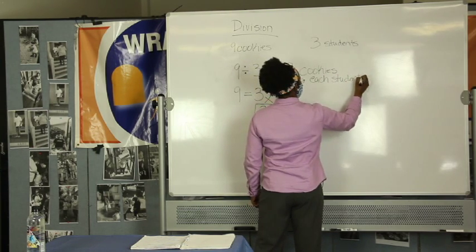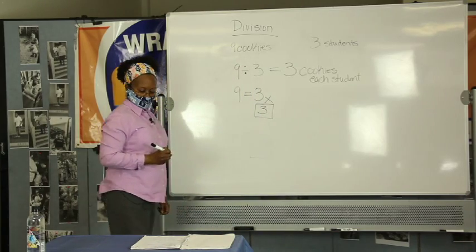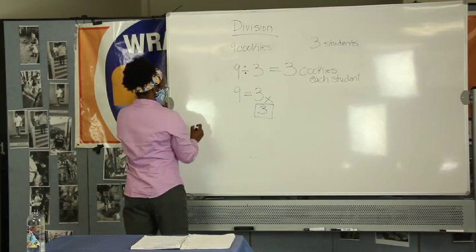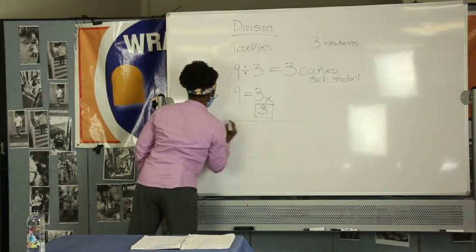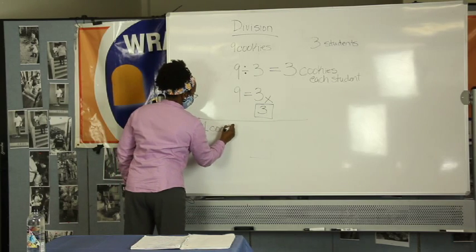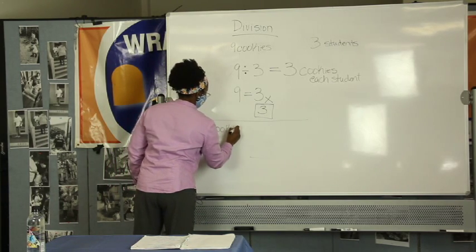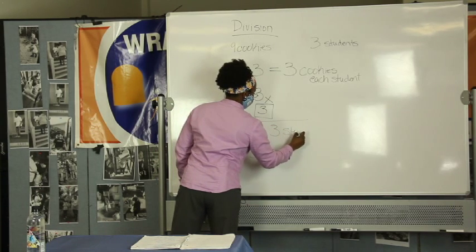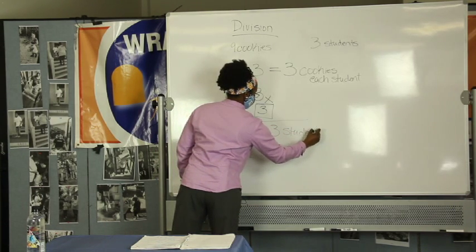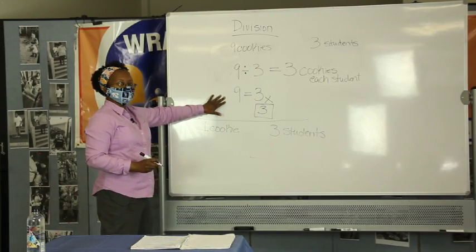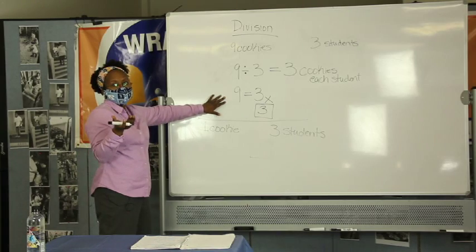Now there's one relationship where this would not work. If you had 1 cookie and 3 students, it'd be kind of hard to do what I did up here because you can't use whole numbers.